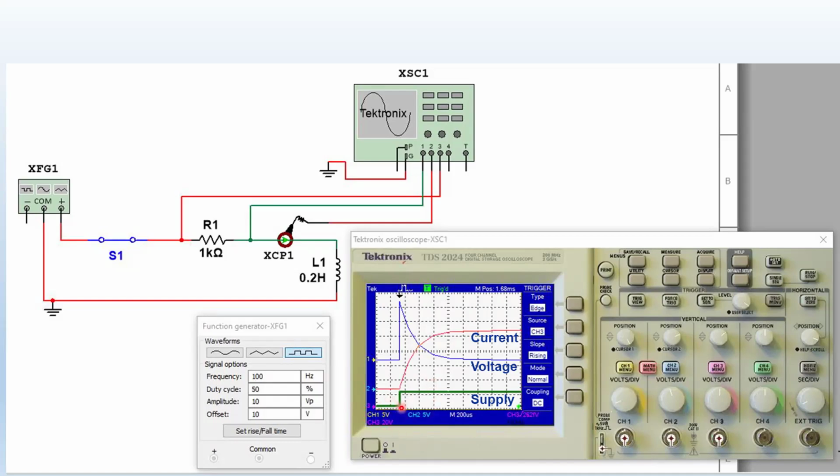Of course, this is a very sudden change from 0 to high. Here is the current. You see, it doesn't start right away. And here's the opposite voltage. Boom! The voltage shoots against the power supply to block the current. So in a coil, the voltage comes first.